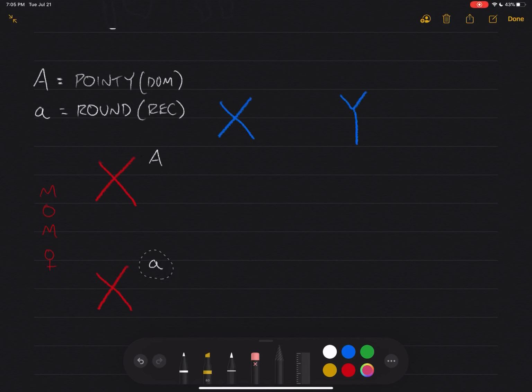We have this for mom. For dad, she mates with a werewolf with round ears. So that's easy, right? We know round ears, he's going to have a lowercase a.